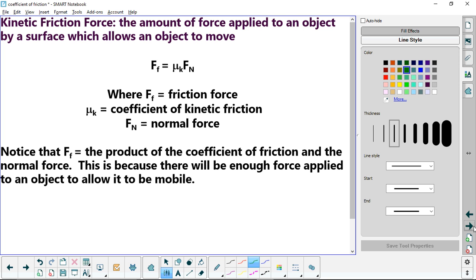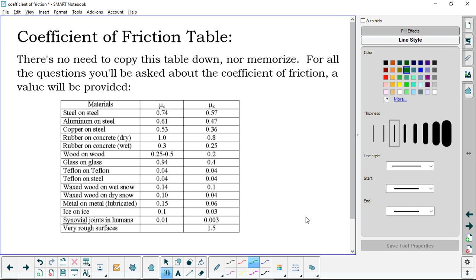Here's a table of values as promised, showing you different coefficients of friction. You do not need to memorize these values. These values can be found on page 138 of your text, although this is a more complete list. Notice whenever you see this table, you have a static friction column and a kinetic friction column. The static friction column will always be higher than the kinetic friction column because it takes more force to overcome stationary objects not moving rather than an object in motion.